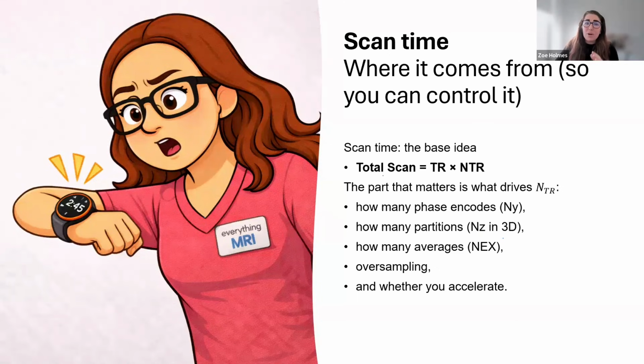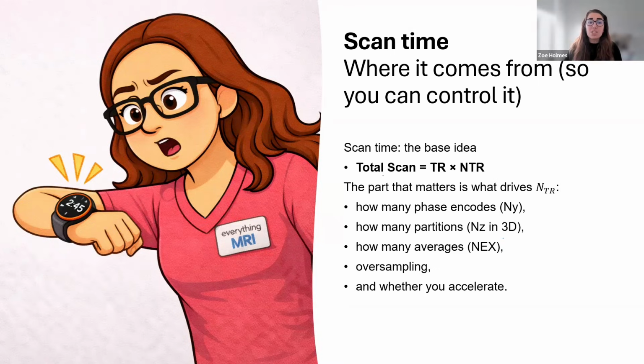The scan time, where it comes from, a bit more on how you can control it. So when we're talking about scan time, we want to understand where time comes from that makes you confident and efficient, and what happens when you're working with a patient who can't tolerate a long study. So a simple framework can be that scan time is roughly your TR multiplied by the number of TR repetitions.